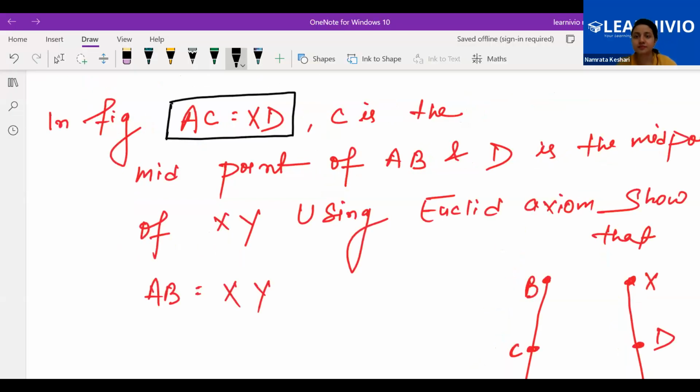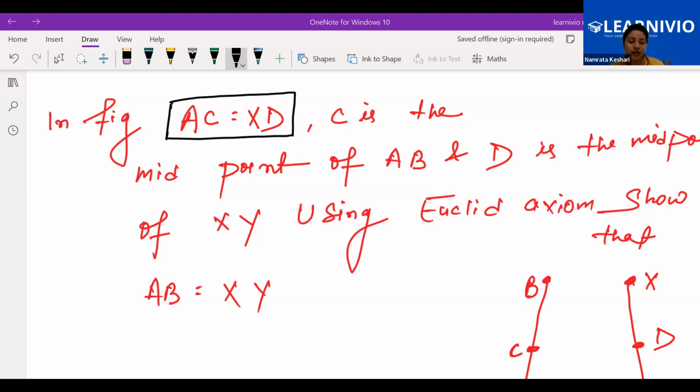Yes, Bharti. The first axiom. Things which are equal to one another are. Okay, Bharti is saying first axiom. That will help us to prove that. Rest of the students? Okay, axiom 1.